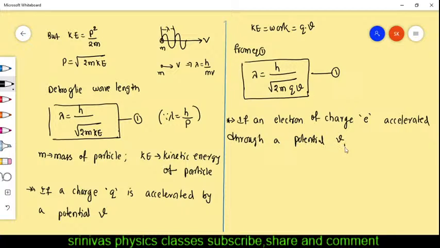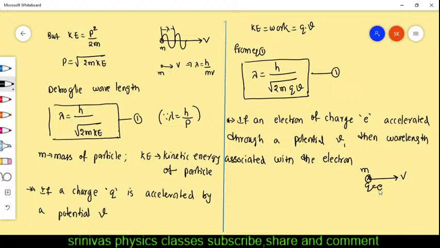The wavelength associated with the moving electron is what I want. Instead of charge q, I am taking an electron, that's all.